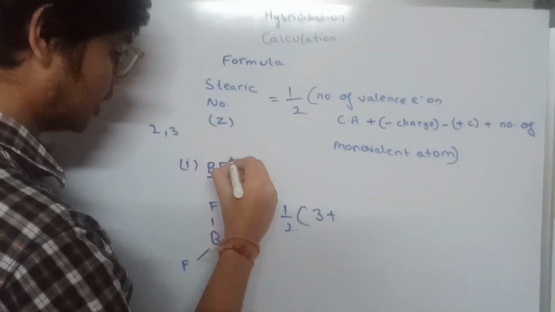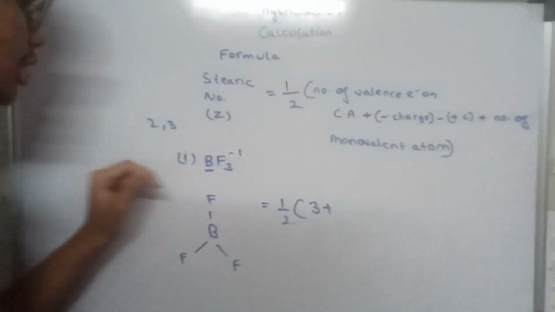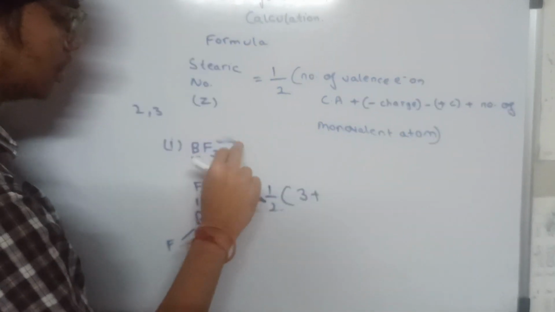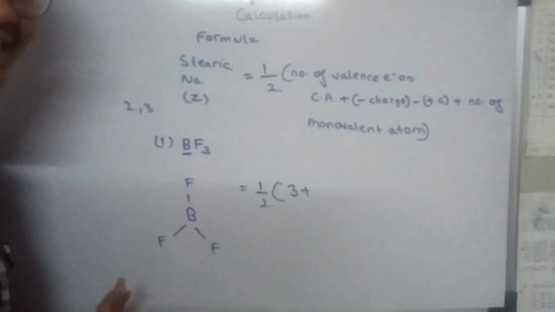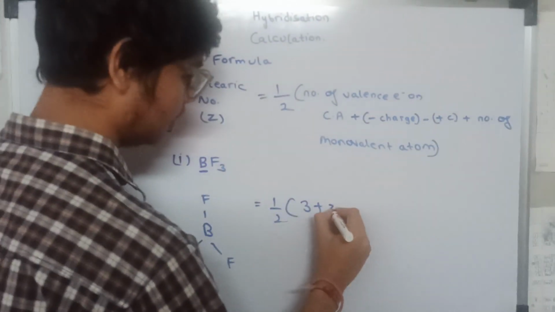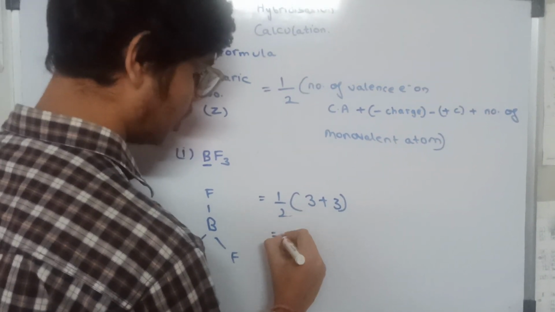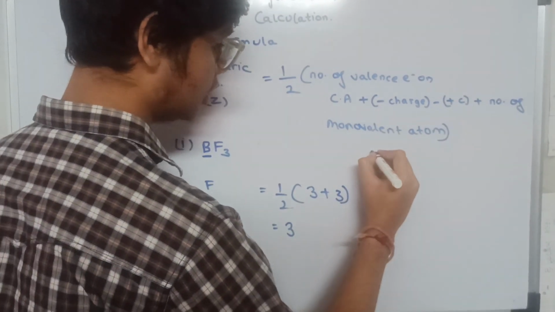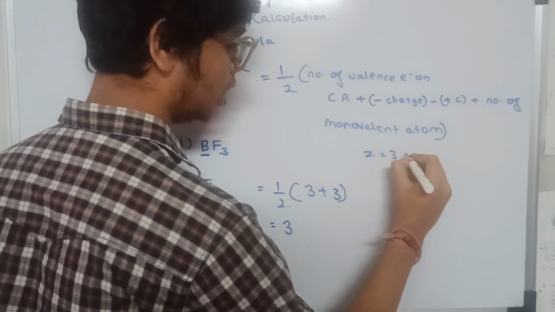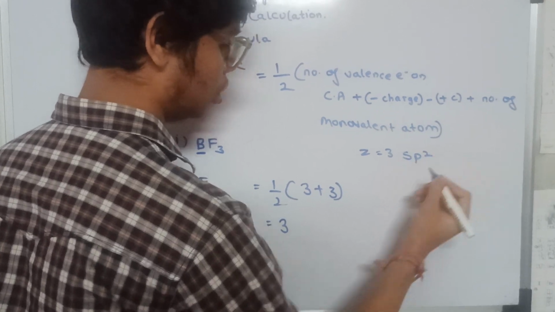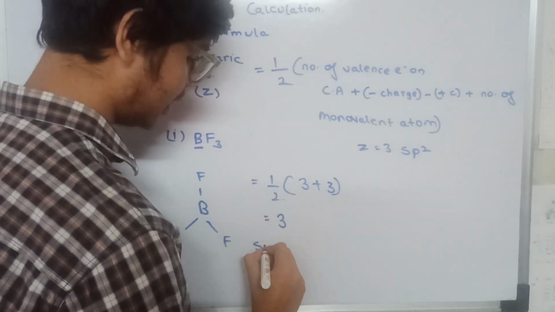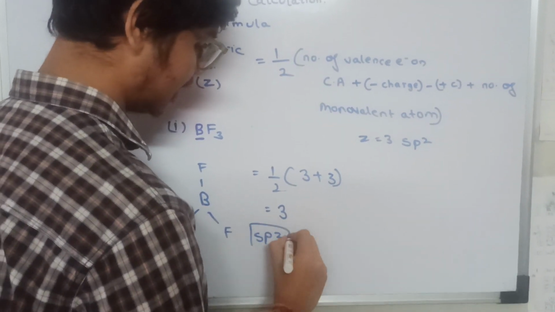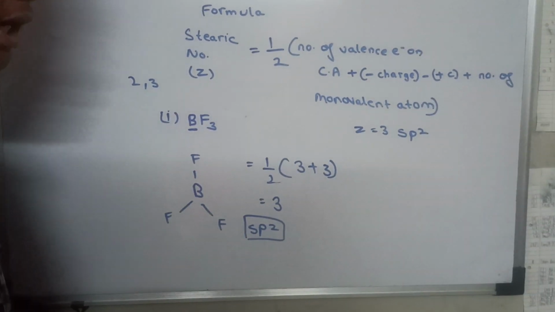Monovalent means the fluorine's valency is -1, so it is monovalent. There are 3 fluorine atoms, so we will write 3. So what will come? 3. Now check the list: when Z is equal to 3, it comes sp2. So you can directly write the hybridization is sp2, and the shape is trigonal planar.